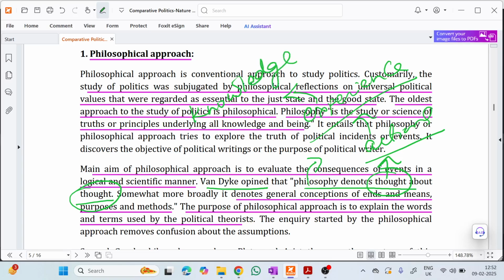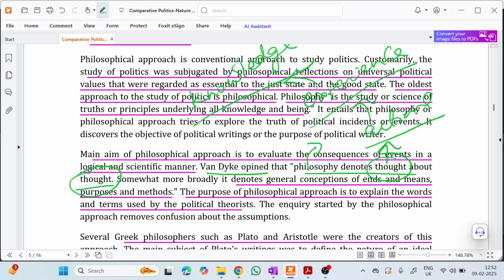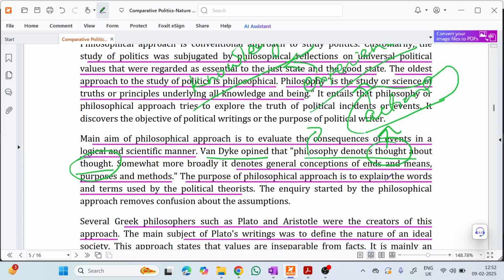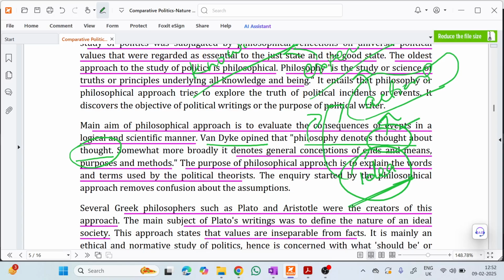In other words, the first idea of any action germinates in someone's mind. This thought, this idea, leads to action, and it can be an individual endeavor or a collective one.